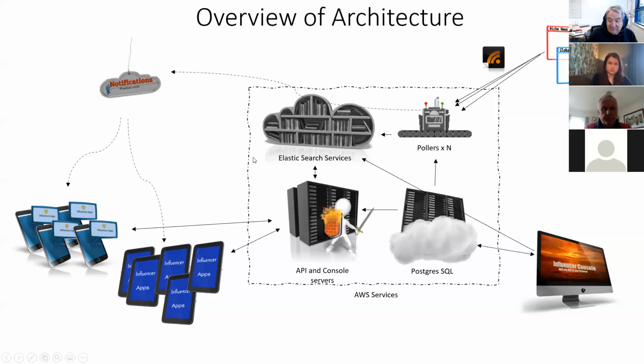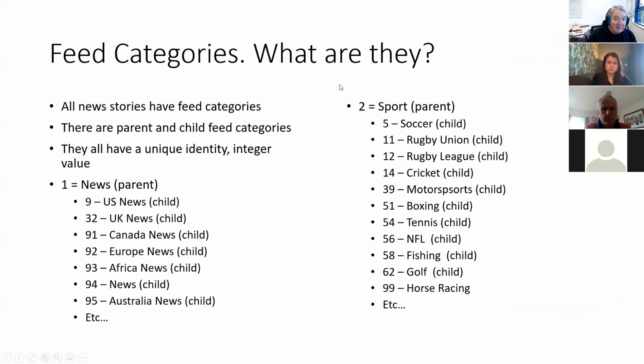Right, okay. So we now move on to the next slide. As I say, I'll come back to this thing about feed categories because it's absolutely essential. If we remember, on those blocks we had the Postgres data, which contains our reference data.